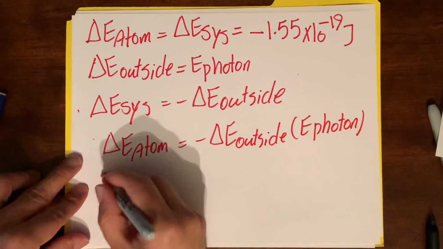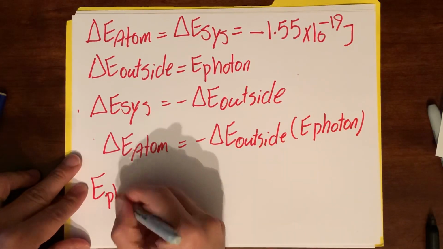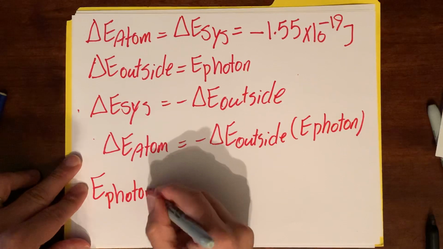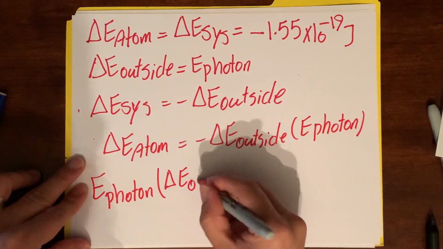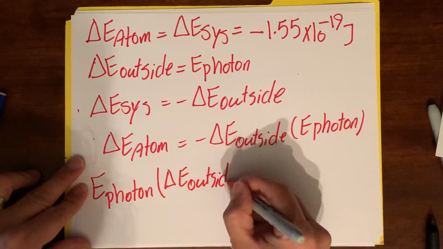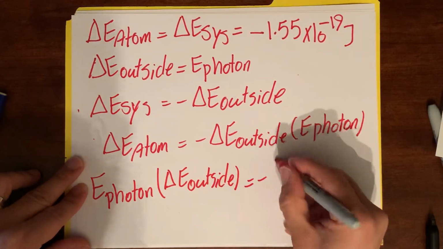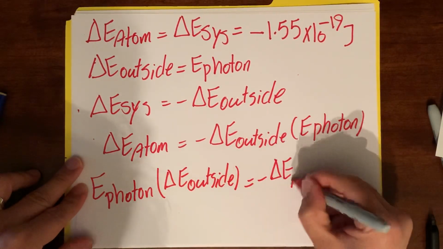So now energy of the photon, or delta E of outside, equal to minus delta E of the atom.